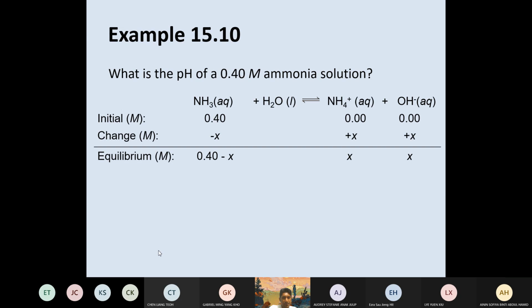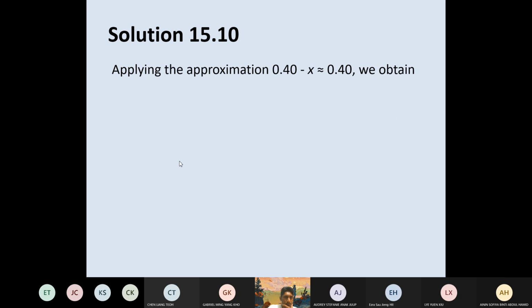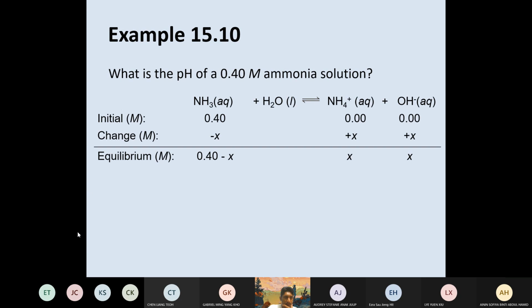Okay, this is the pH of a 4 molar ammonia solution. Ammonia is a weak base that we know, and again, it will not be dissociated completely. So just consider X amount has been dissociated and plus X amount of ammonium and hydroxide.